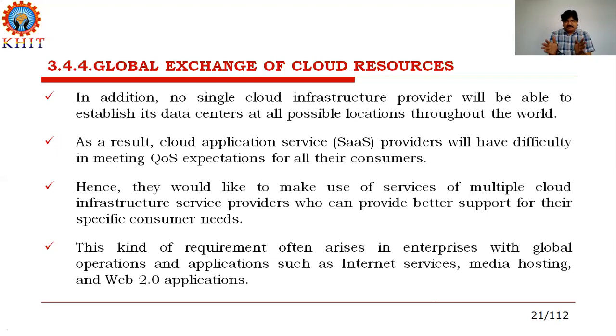To overcome the problem, what to do? Hence, they would like to make use of the services of multiple cloud infrastructure service providers who can provide better services to the end users. That means there are three different virtual machines located in India, Europe, or US based companies. There is no need to maintain all services in a particular virtual machine.